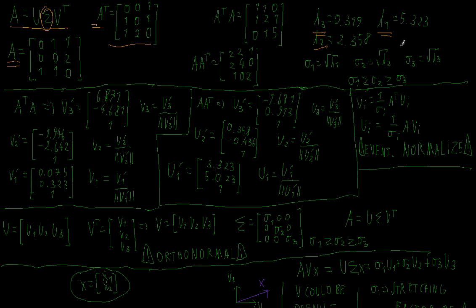So if you take the square root of 5.323, you get a bigger number than the square root of 0.319 or the square root of 2.358. So sigma sub 1 is greater than or equal to sigma sub 2, which is itself greater than or equal to sigma sub 3. That's why the first eigenvalue is the biggest, the second one the second biggest, and so on, so that the singular values are also ordered in that rank.